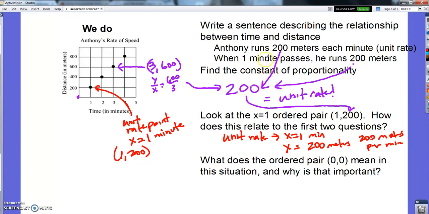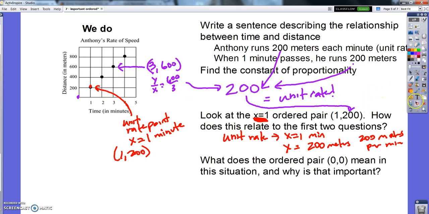So again, this 200 keeps appearing everywhere. It's the constant of proportionality. It's the unit rate. It's the first point on the graph. It just keeps popping up because this stuff's all connected. So I like to call this the unit rate point. We always look at the x equals 1 point, because that's going to be where my unit rate is.